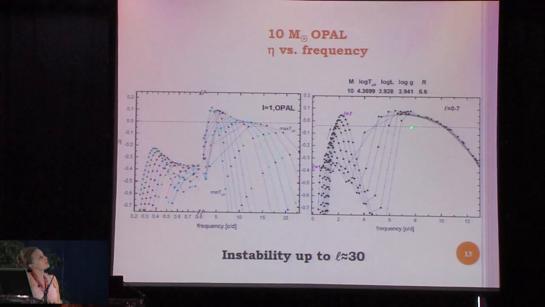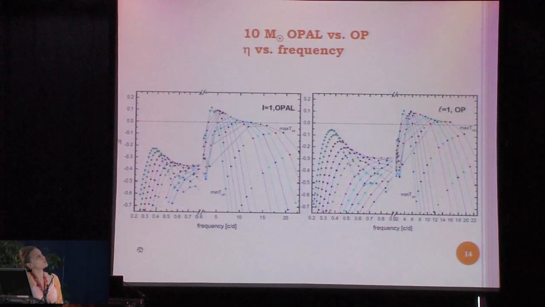And on the right, you have just one model, but for different l values. So what we can see is that for the higher degree modes, we have two instabilities, here and here. So I found in this model instability up to about l equal 30.